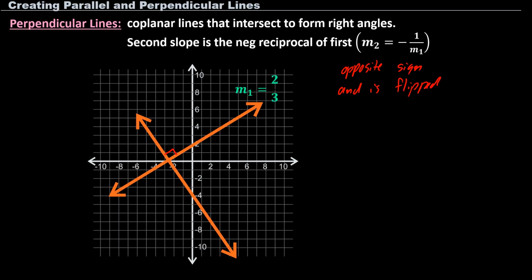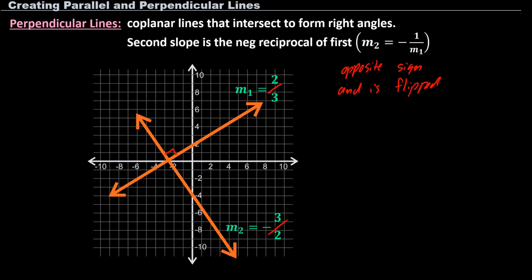So if the first slope is still 2/3, then the second slope, we change it. Because it's positive 2/3, it becomes negative 2/3, and then we flip it. So it becomes negative 3/2. They're the same numbers, but they're flipped.